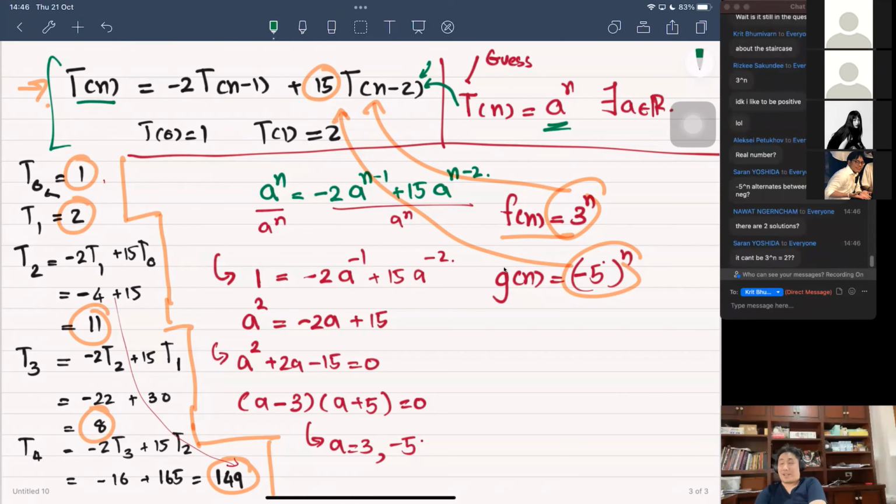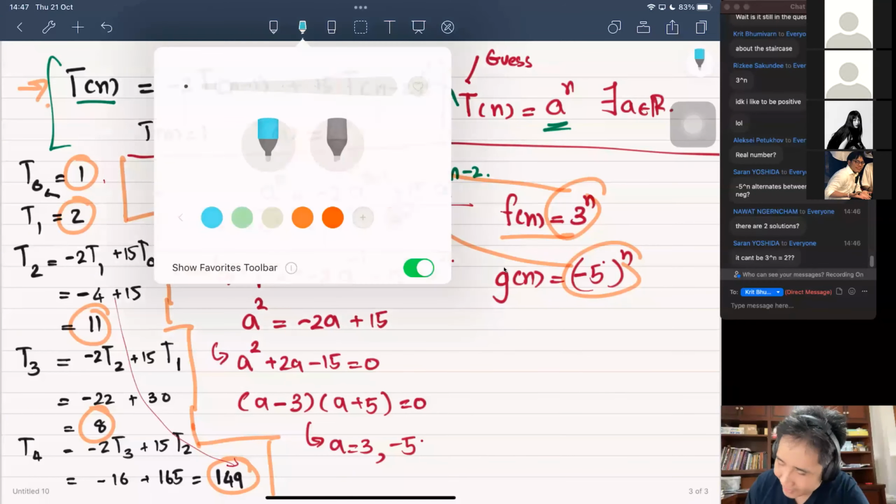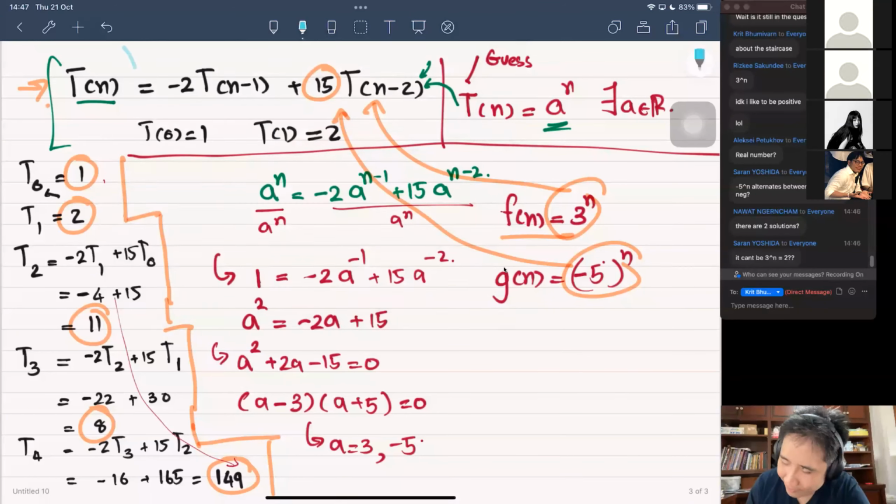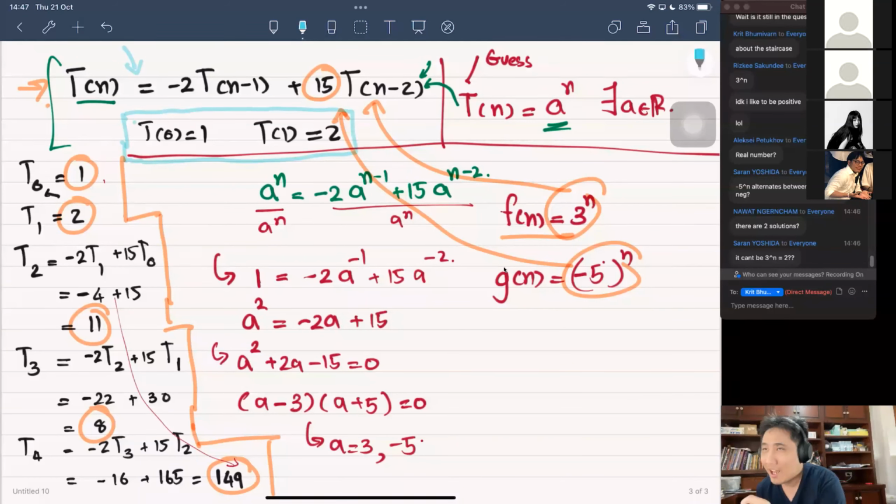Very good. Because of this guy. If you want to find a solution, not only does it have to satisfy the recurrence, it has to satisfy the boundary condition, or some people call it the initial condition, right? So if this function were a solution, when you plug in n equals 0, it should give you 1.